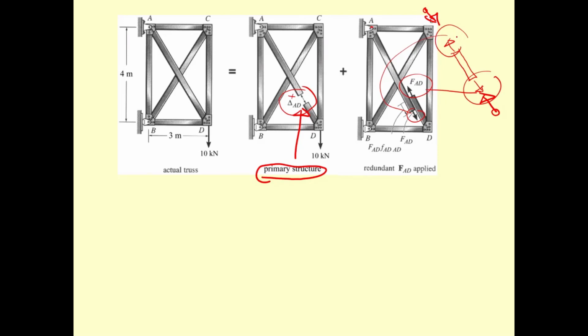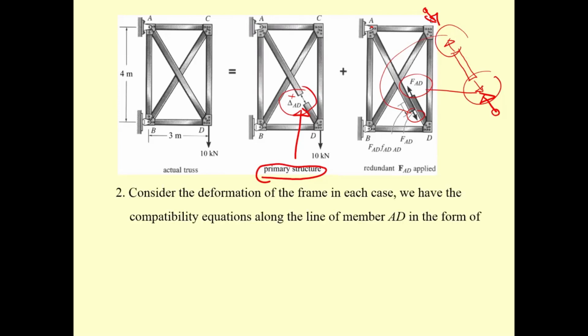Now, this problem is going to be a bit more complicated than the previous one in the determination of the displacement delta sub AD, and this one F sub AD, the axial deformation along AD due to the force along AD, like F sub AB, the deflection at point B due to the unit load applied at point B. The deformation along AD due to the unit load applied along AD.